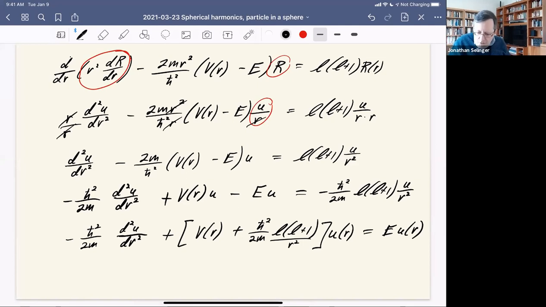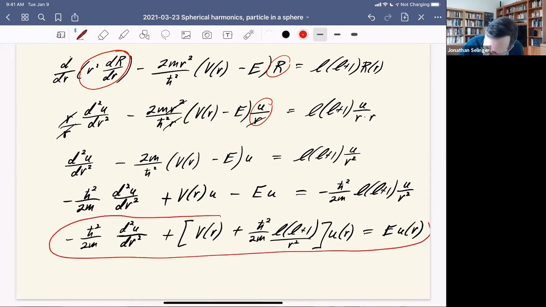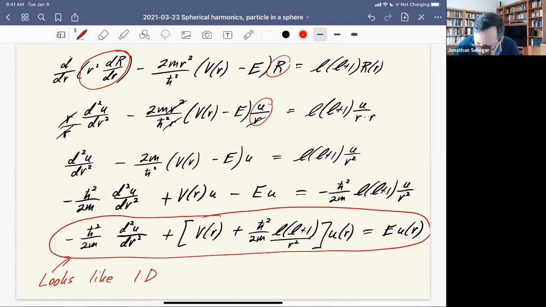Okay, so why did we do this? Well, the reason is that this equation in the end looks like the one-dimensional time independent Schrodinger equation, right?